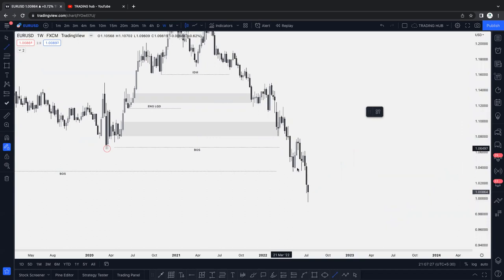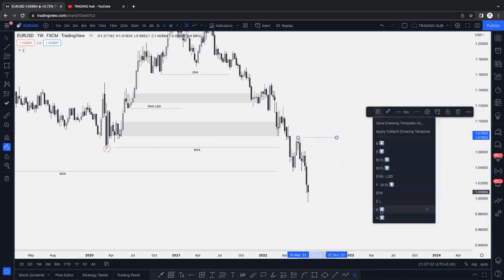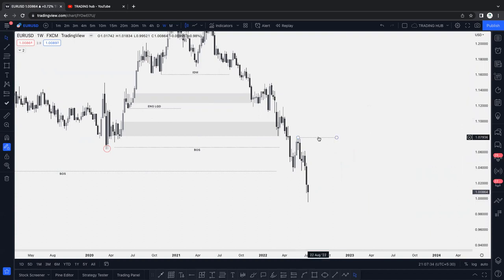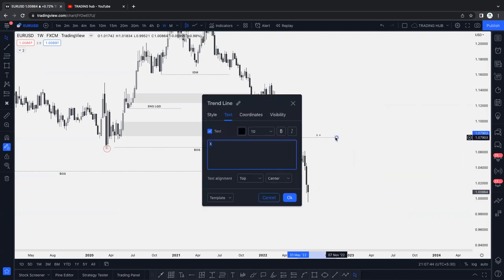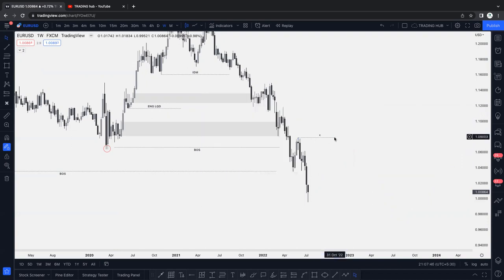After breaking this structure, right now market created this high, which acts like an inducement, and once market takes out this high, then we can sell here. Okay, and then push downside, something like this.